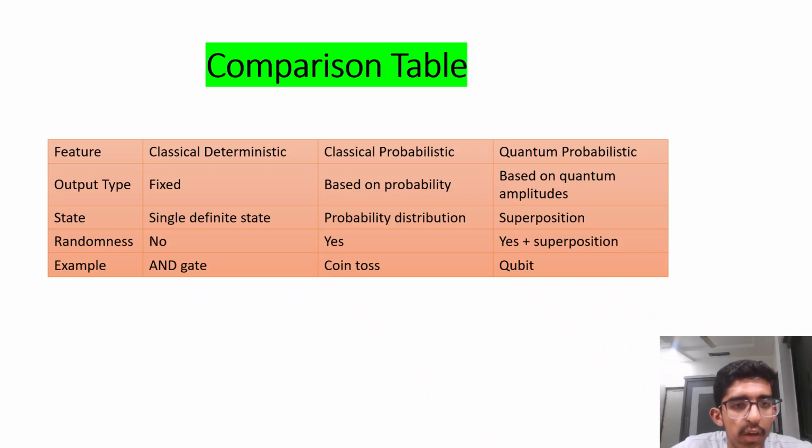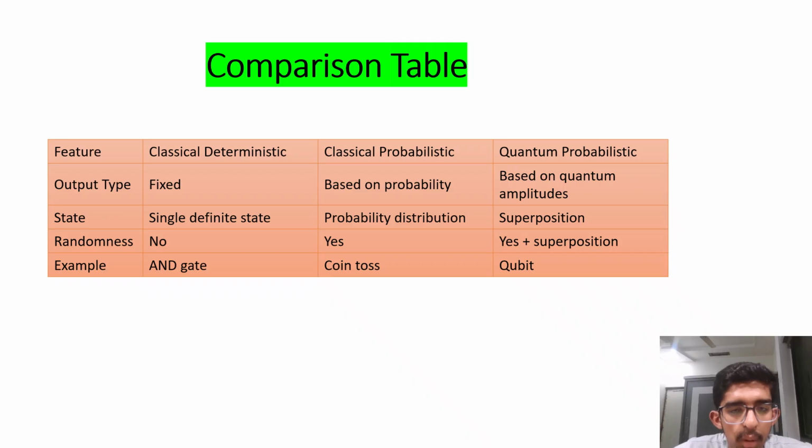In classical deterministic, the state is a single defined state, in classical probabilistic, the state is probability distributed, and in quantum probabilistic systems, the system is in a superposition state. In classical deterministic, there is no randomness.